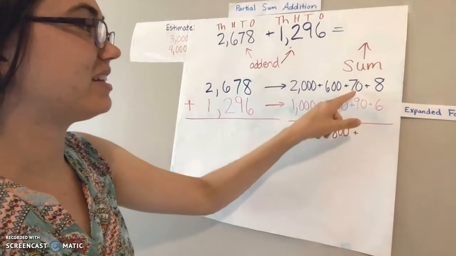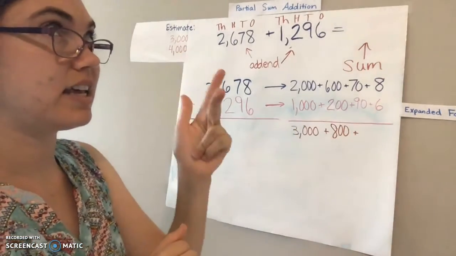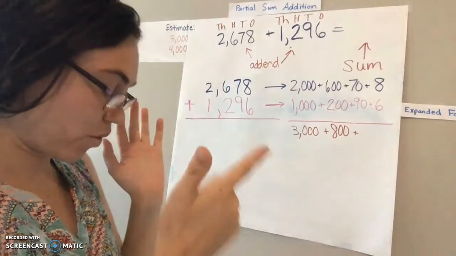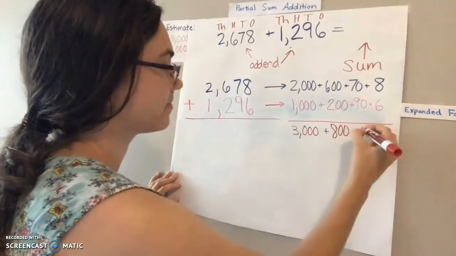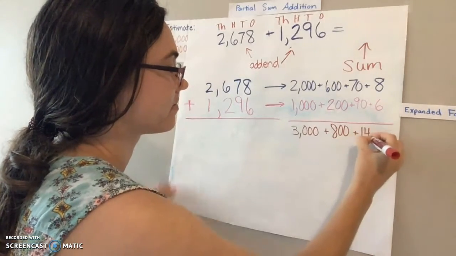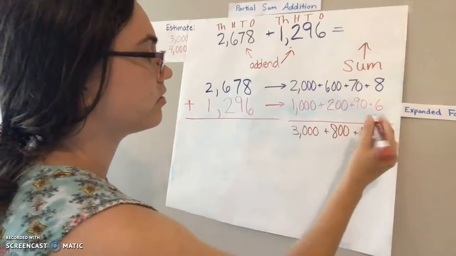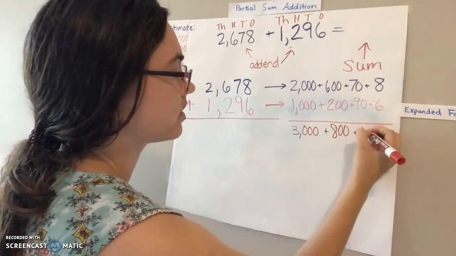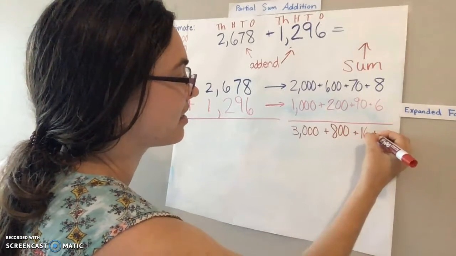That's a tricky one. Let's think, what's 7 plus 9? 7, 8, 9, 10, 11, 12, 13, 14. Oh, that is 16. Okay.